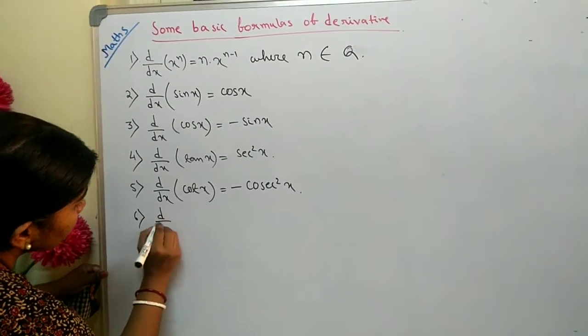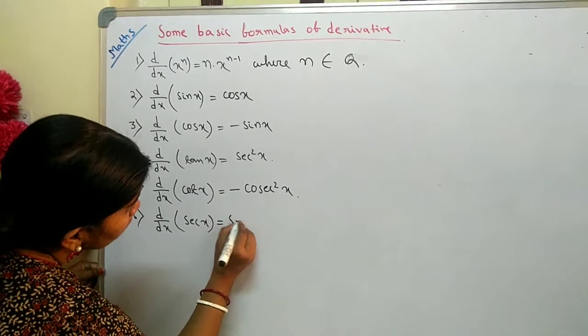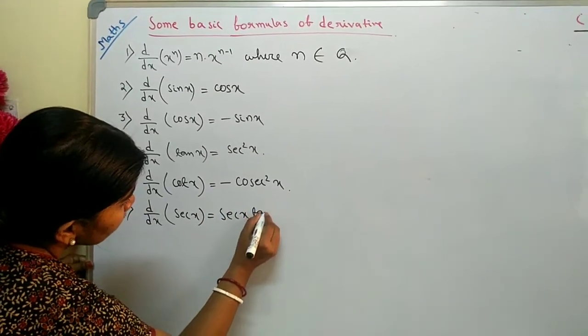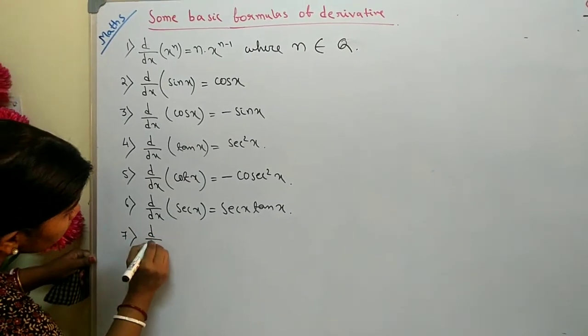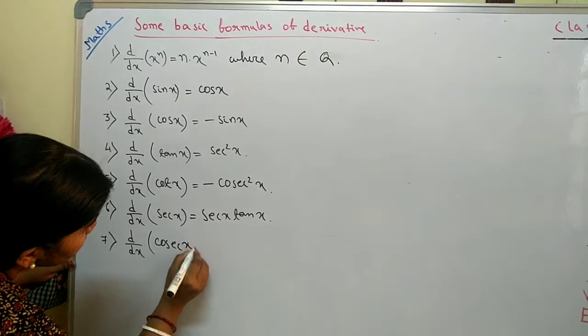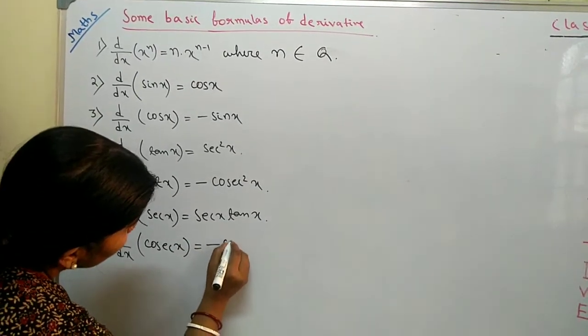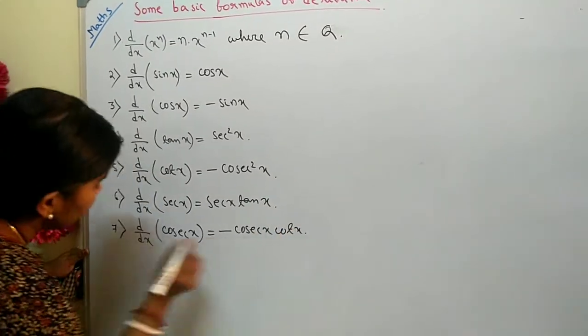Number 6: d/dx of sec x is equal to sec x into tan x. Number 7: d/dx of cosec x equals minus cosec x into cot x.